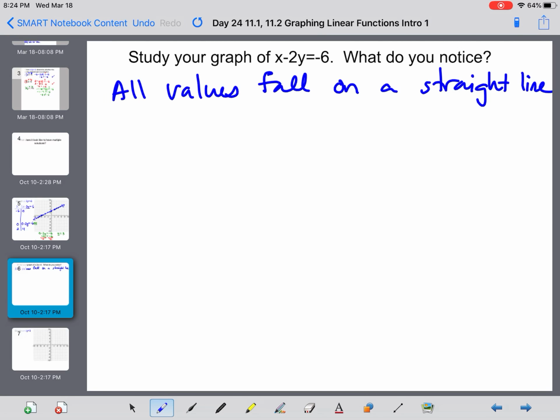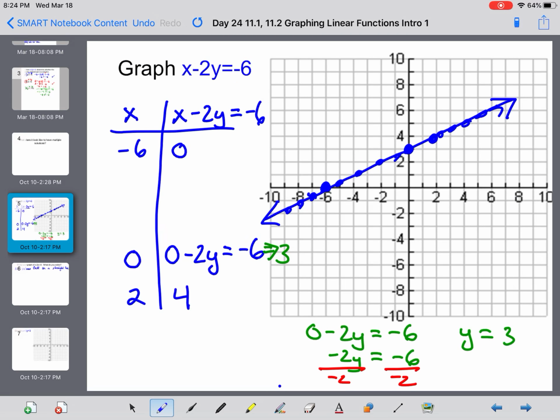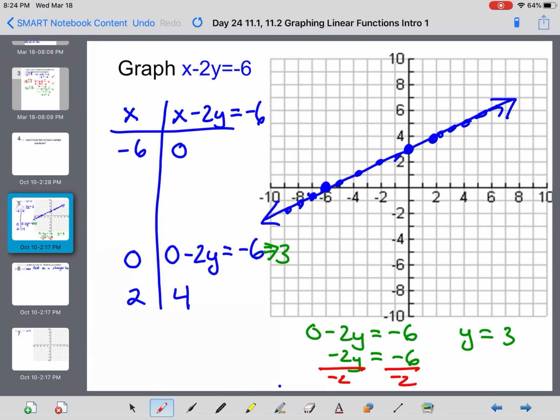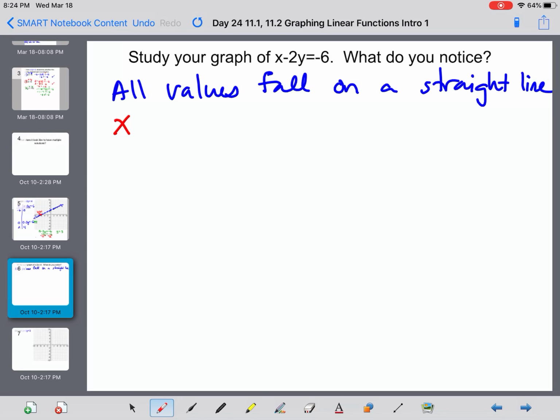I also notice that it's touching, if I go back to my graph, it's touching the x-axis at a particular point, and I want to identify that. Look where it's touching the x-axis. That is what's called the x-intercept. So the x-intercept looks like it's at the point -6, 0.